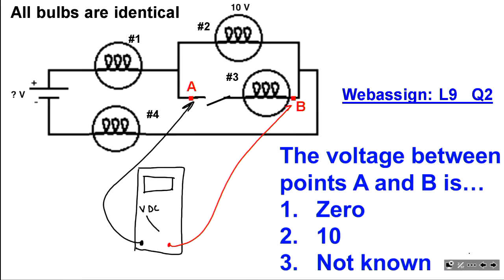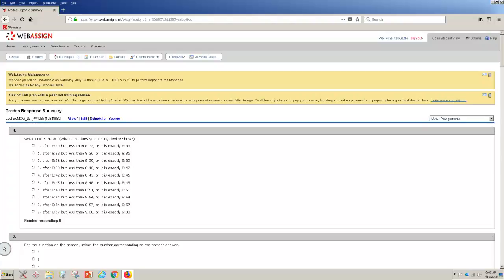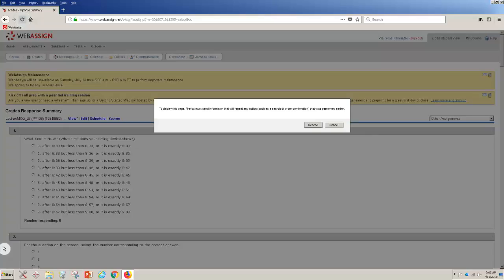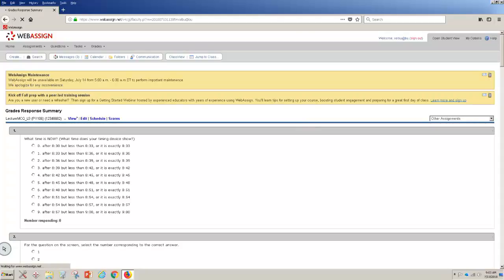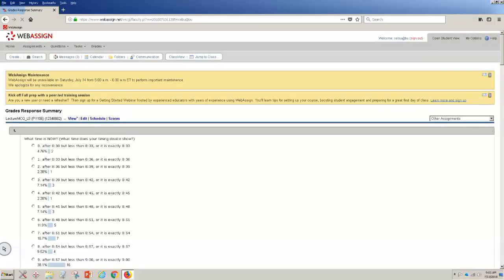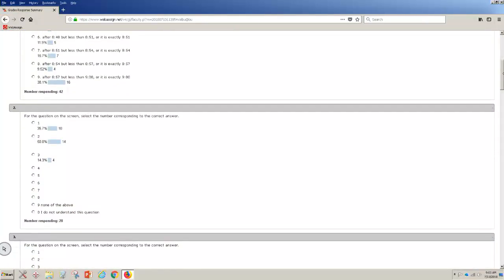What will we read? Yeah? So let's see. We'll get some distribution, and the peak of the distribution says 10.